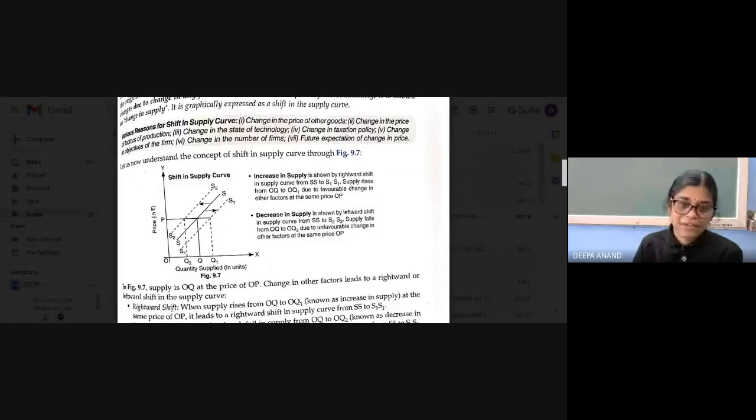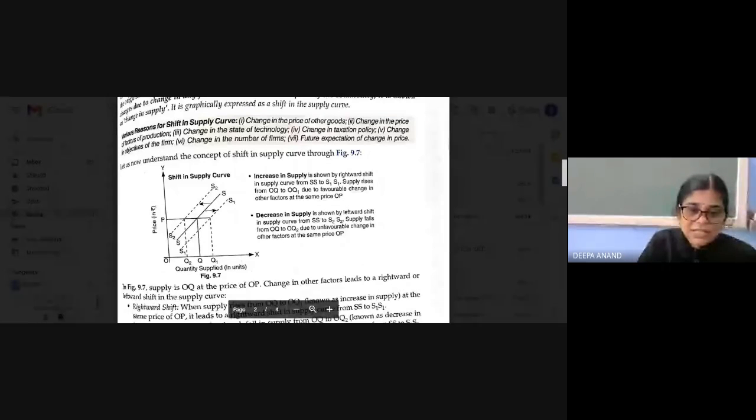When there is a rightward shift due to increase in supply, that is depicted through the S1 curve. And when there is a decrease in supply, it moves leftward, and that decrease in supply is depicted by the S2 supply curve. So likewise, you have to interpret the graph. Okay.